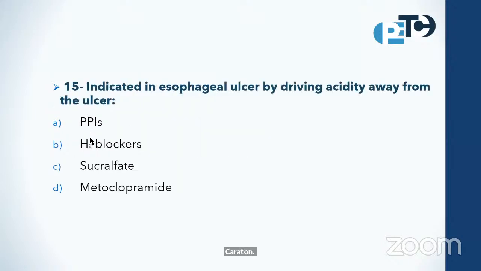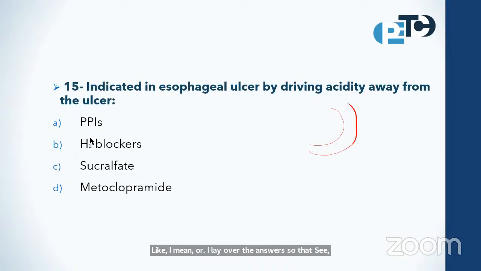Indicated in esophageal ulcer by driving acidity away from the ulcer. Here we have a specific mechanism. This mechanism means that the drug will form a membrane or a layer over the ulcer, so that it separates between the acidity and the ulcer.